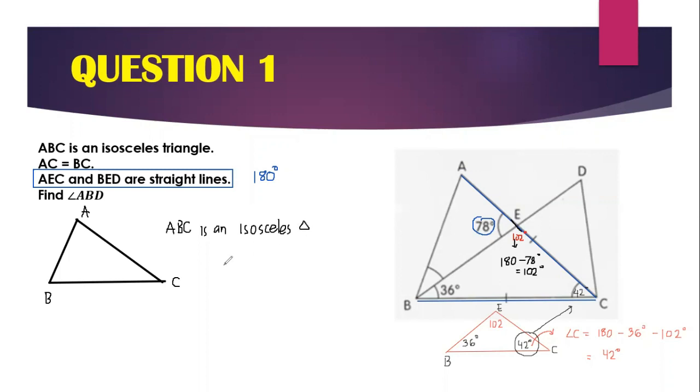So based on the information, BC and AC equal. Angle C is 42 degrees, right?